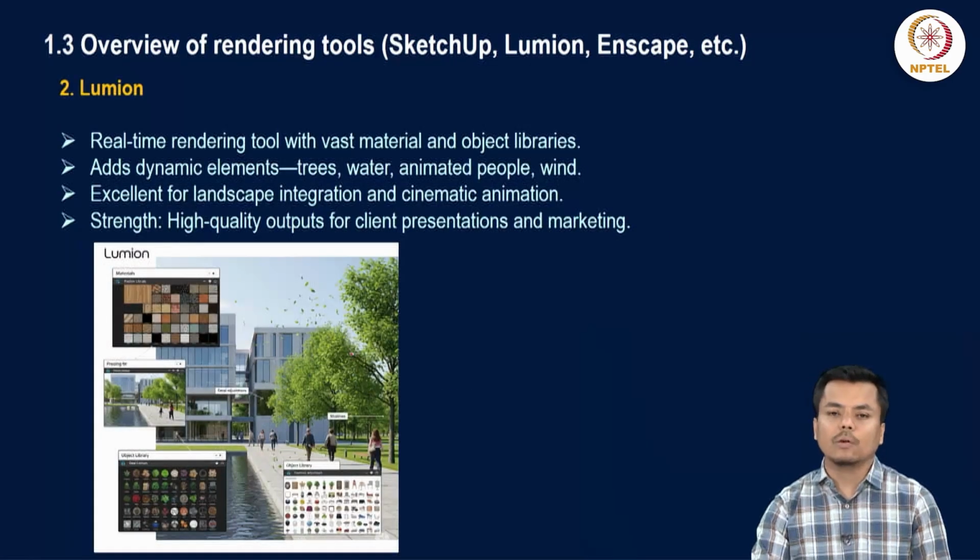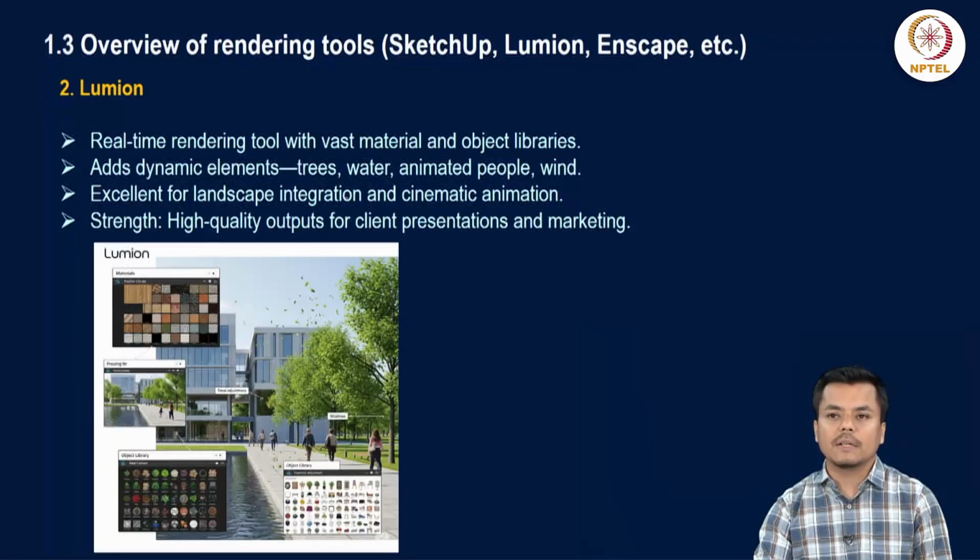The next is Lumion. It is a real-time rendering tool with vast material and object libraries. It adds dynamic elements like trees, water, animated people and wind, and it also adds movement to your design, to your presentation.